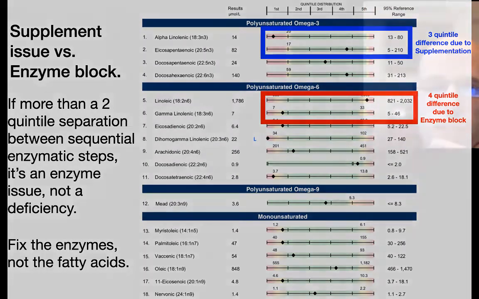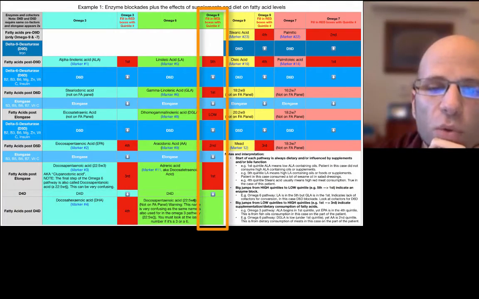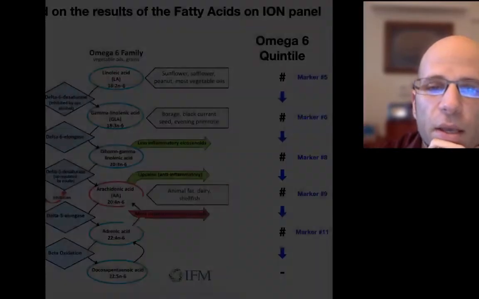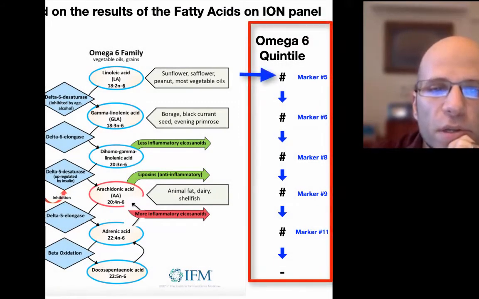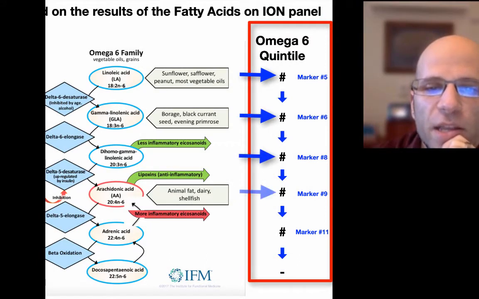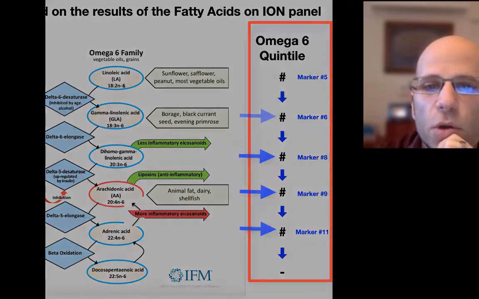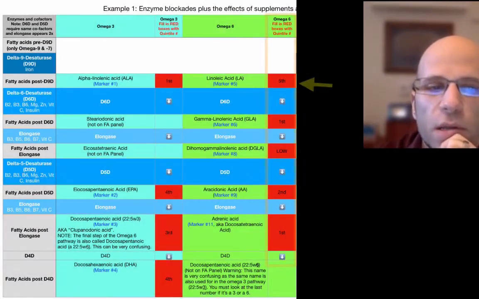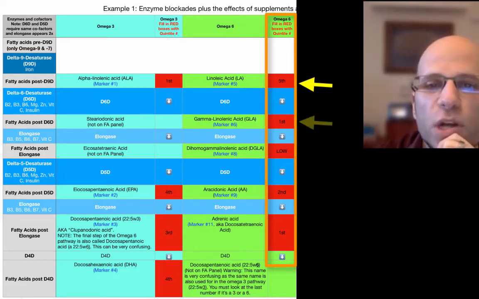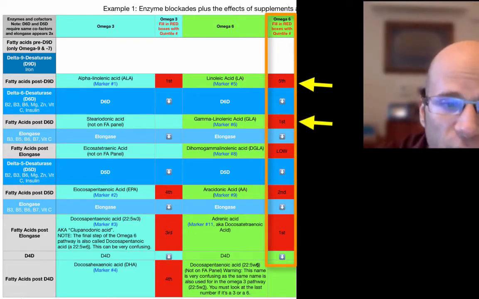If you follow the omega-6 pathway, which is the only pathway that's continuous on the ion panel, it goes marker number 5, marker number 6, then marker number 8, then 9, then 11. So fifth quintile, then it jumps down to first quintile GLA, which you see here, fifth quintile to first quintile.